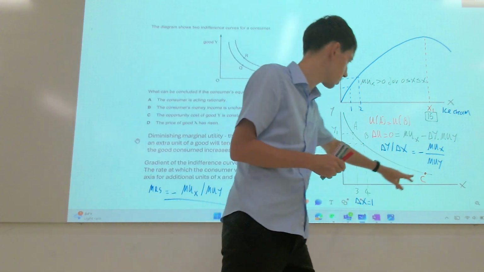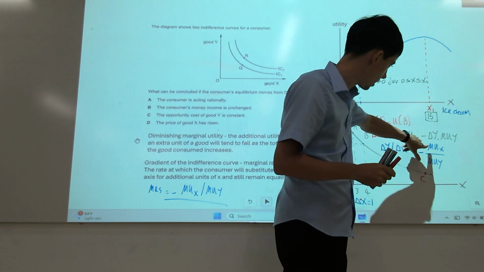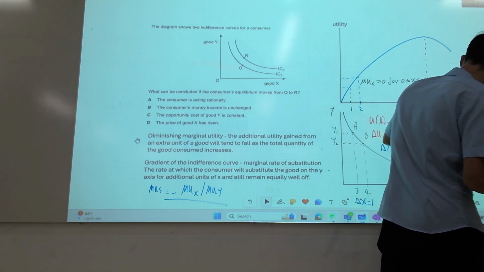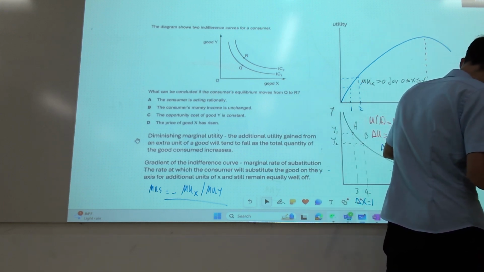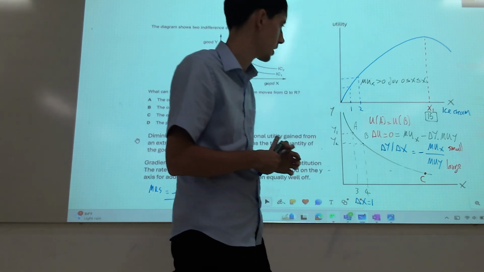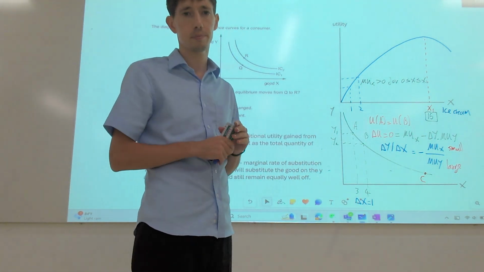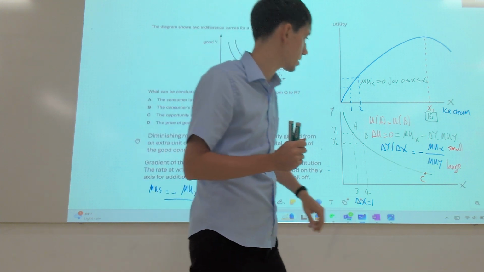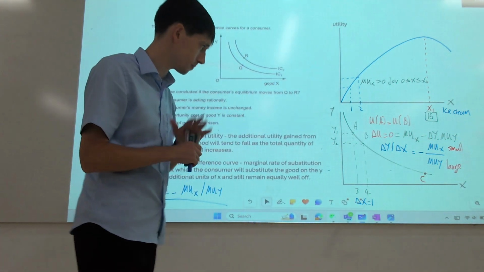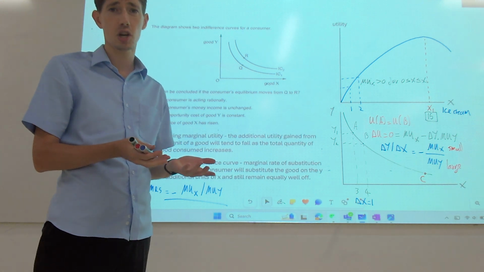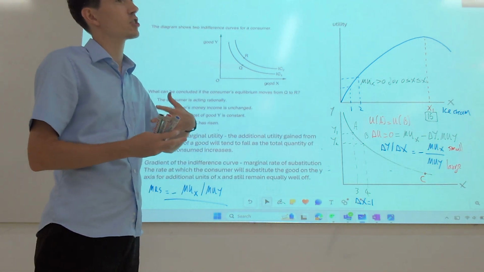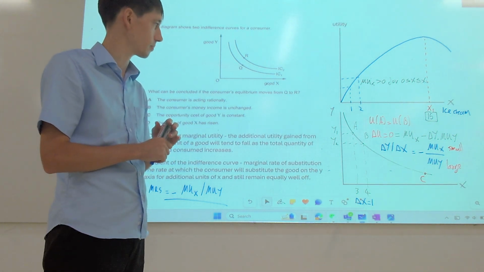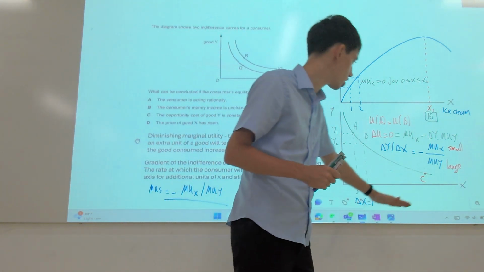So the marginal utility of x is going to be relatively small, and the marginal utility of y relatively large, giving a shallow gradient. Intuitively it makes perfect sense. When you have lots of x and a small amount of y, additional units of x don't have that much value, and losing y is quite a serious problem. So your gradient is going to be very shallow.